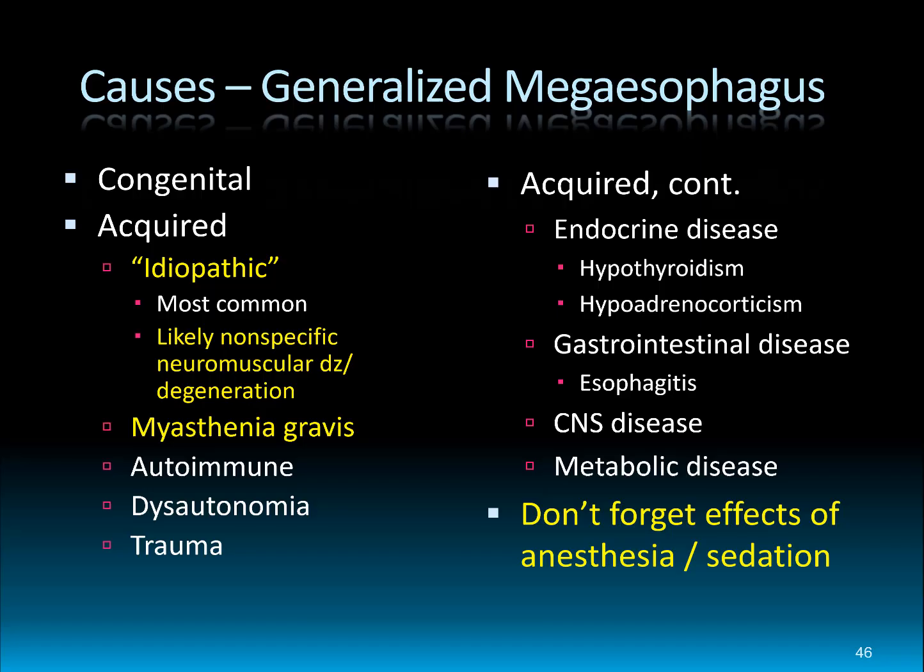There are a ton of different causes of generalized megaesophagus, so when you see one of these radiographically, you have a lot of differentials to think about. In a younger patient, you have to think about congenital megaesophagus, because that is hereditary and certainly is a problem. Lots of different acquired forms. Idiopathic is the most common, and we usually refer to it as idiopathic when we don't have a specific cause.